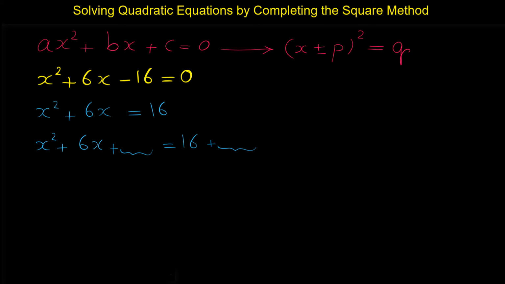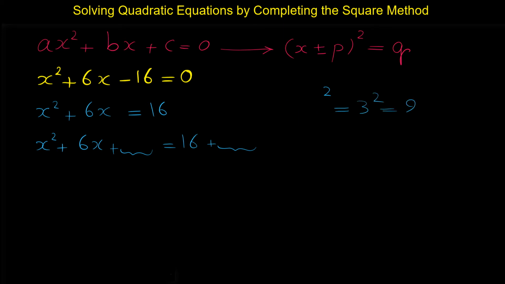Always, the number that we add to the left and right side of the equation is found by dividing the coefficient of x, which in this case is 6, by 2. So always divide this number, the coefficient of x, by 2 and square it. 6 divided by 2 in this case is 3. 3 squared is 9.